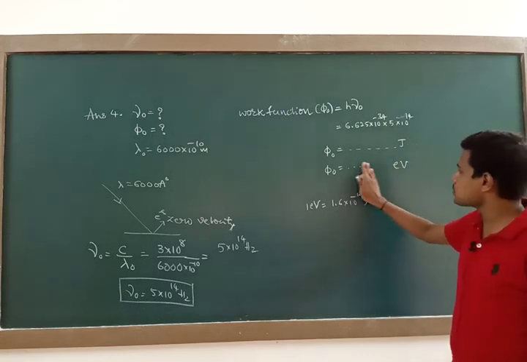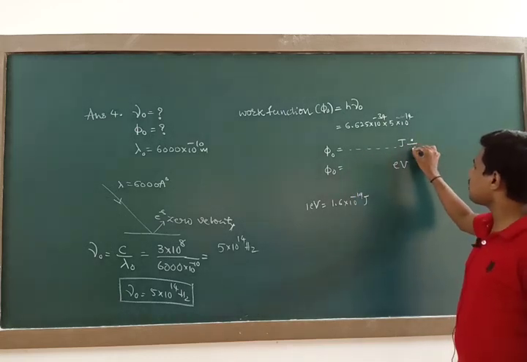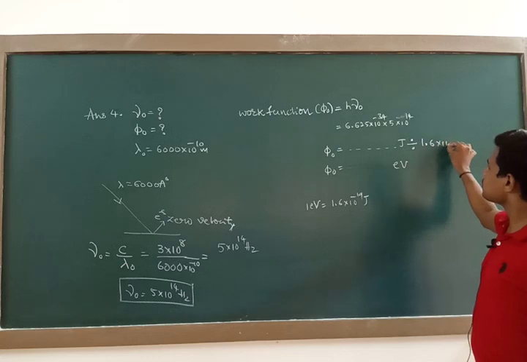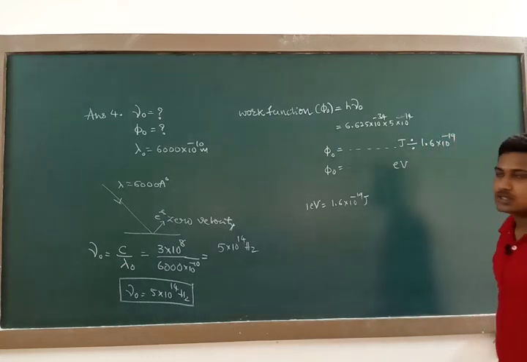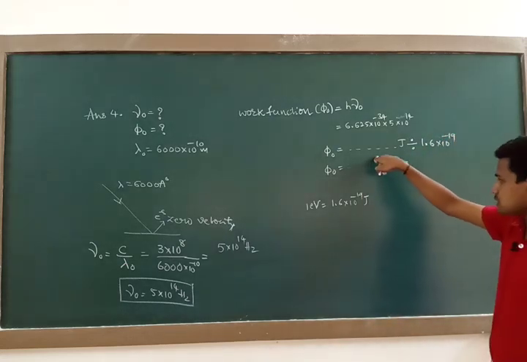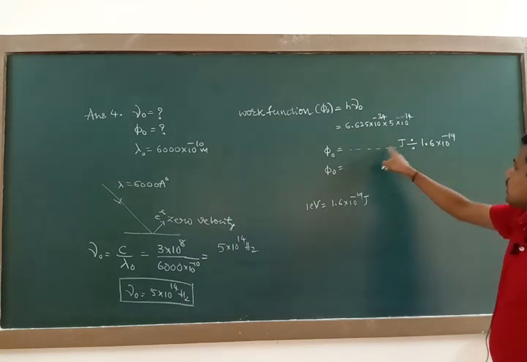At that time you have to divide this value by 1.6 × 10^-19, and then you will get the electron volt.